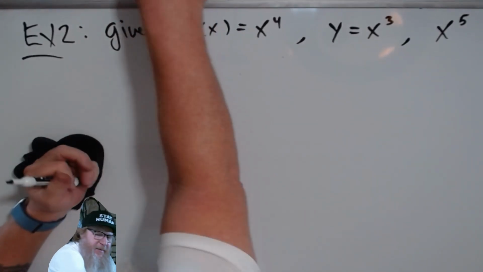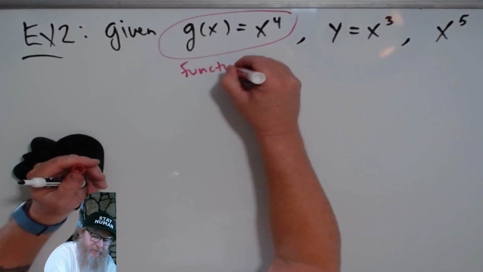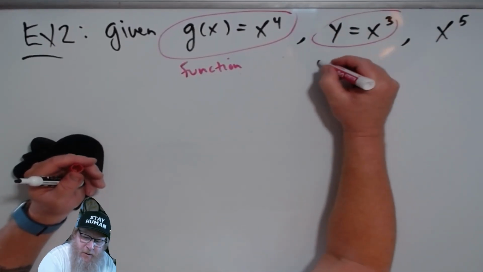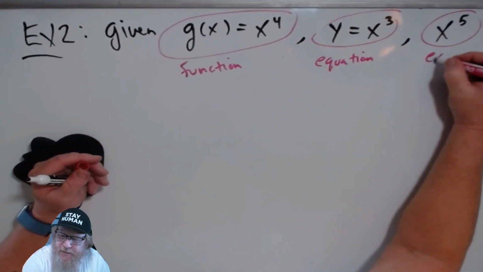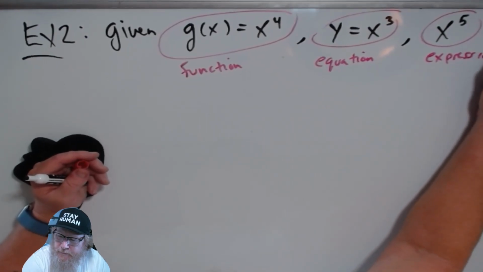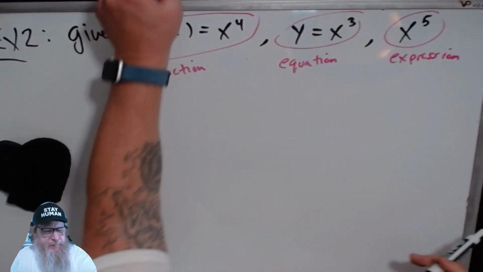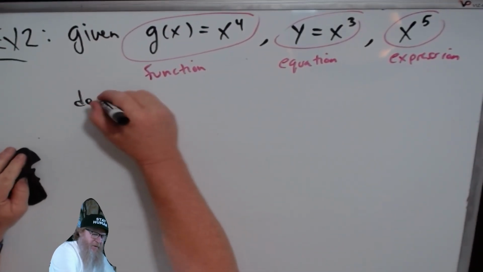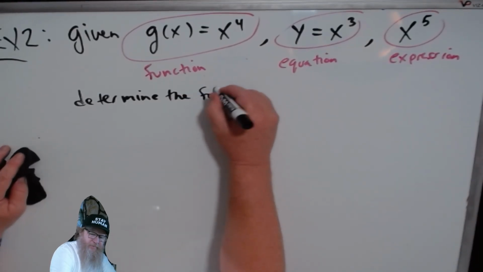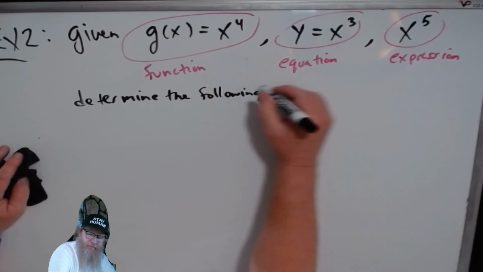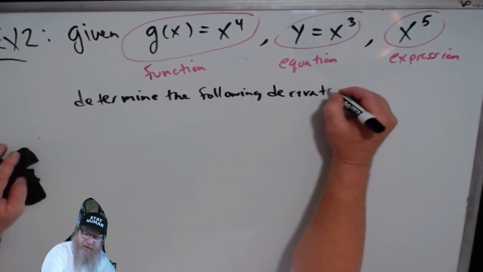All right, so again, this is a function. This is an equation. And this is an expression. One of each. Determine the following derivatives.